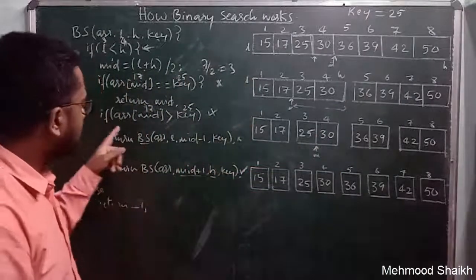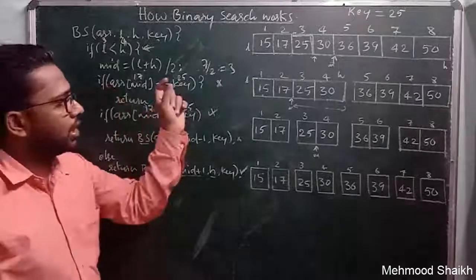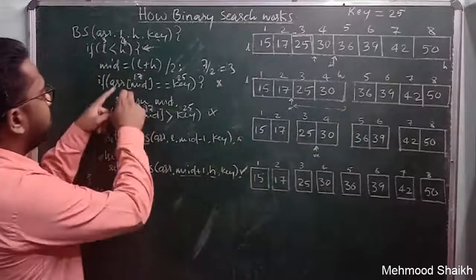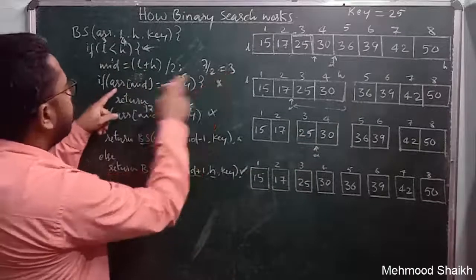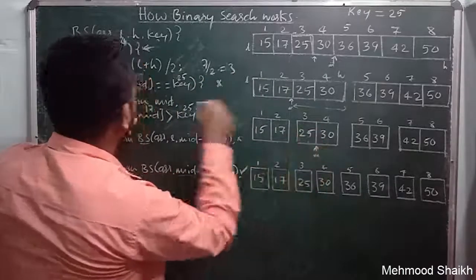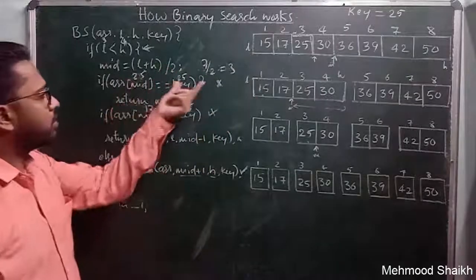Now we take that mid location to check whether the key element is equal to the mid element or not. So I have taken 3 in this if condition. Array of 3 is 25, and the key is 25. So 25 is equal to 25.